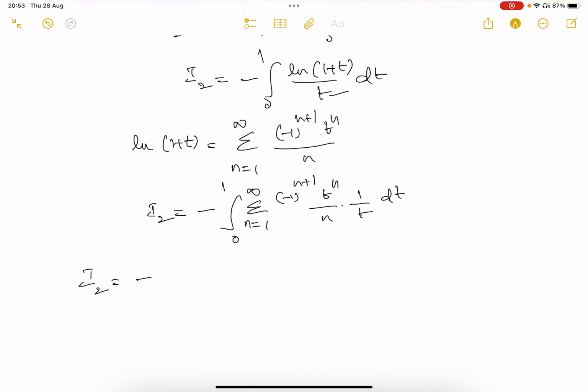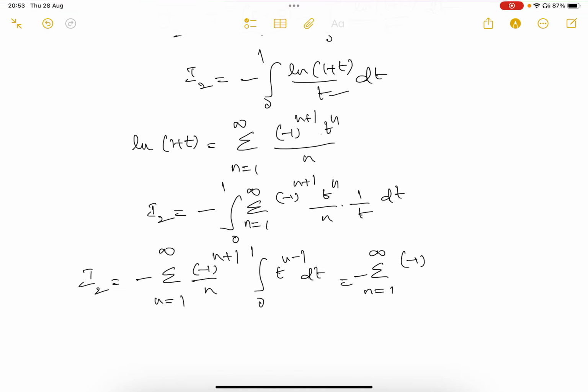So I2 equals minus of, bring the summation out, 1 to infinity, and these terms are constants in the integral, minus 1 whole power n plus 1 by n. Then this will be integral 0 to 1 t power n by t, which is t power n minus 1, dt. Fine. Then this will be minus summation n equal to 1 to infinity minus 1 whole power n plus 1 by n.